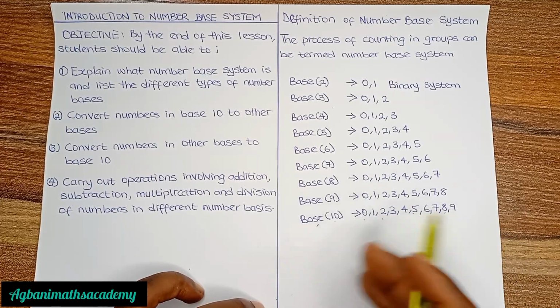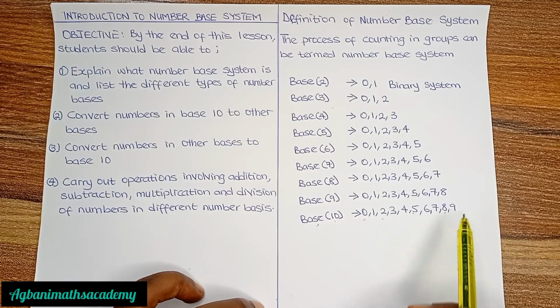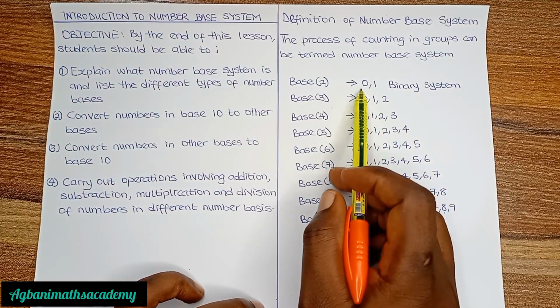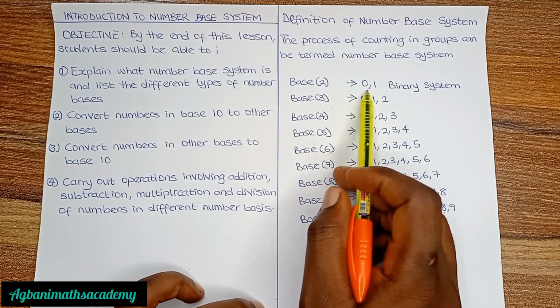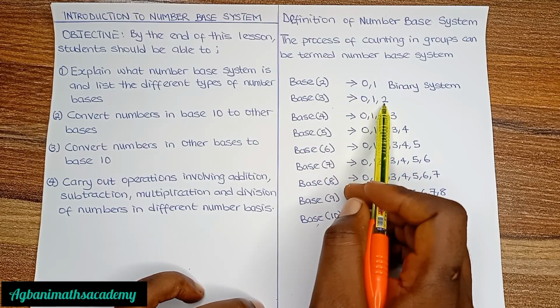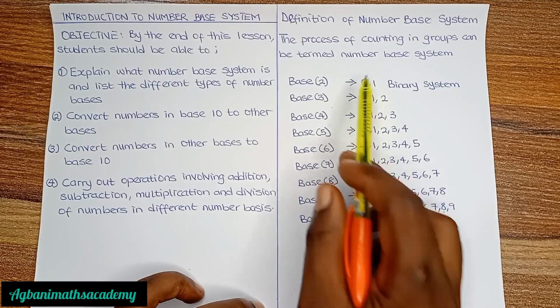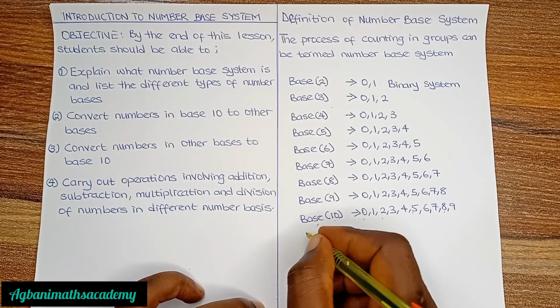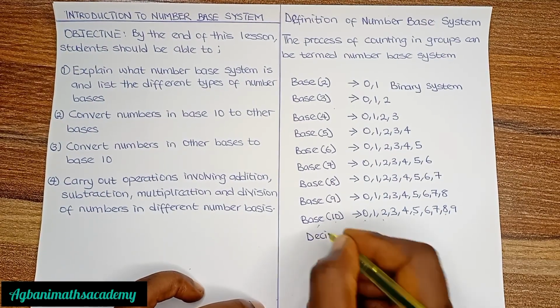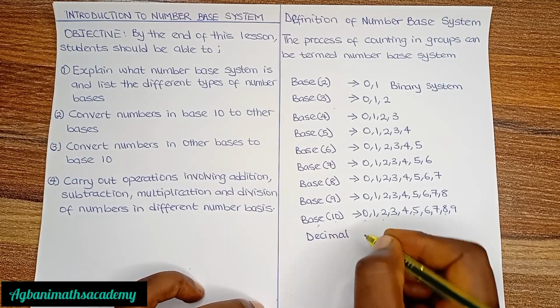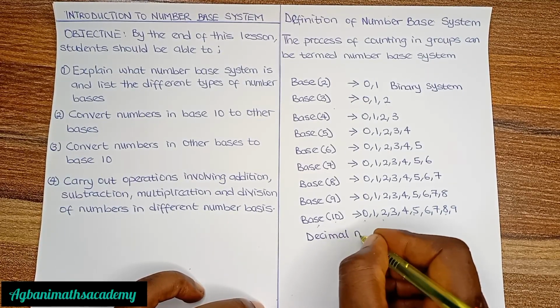So any number you want to write is a combination of these 10 numbers. If you're writing in base 2, you can only have 2 numbers. Base 2 does not contain 2. So the only numbers you can combine are 0 and 1. Base 10 is also called the decimal system.